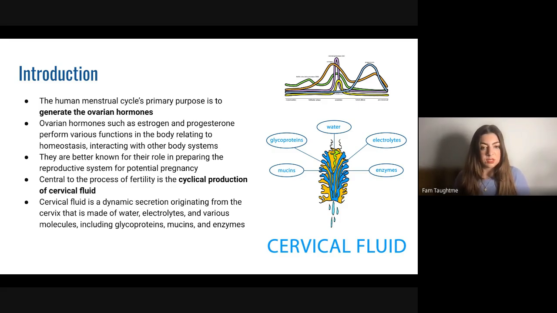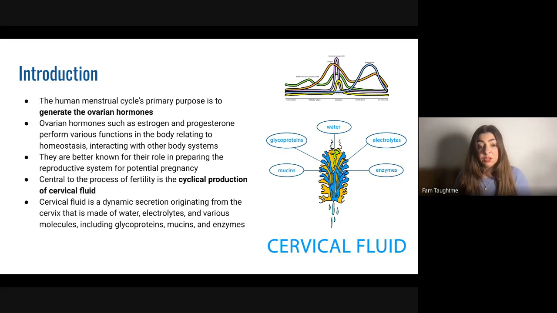And it's a dynamic secretion. It's made out of a bunch of different things, but you can see in the little graphic on the right that it's made up of things like glycoproteins, mucins, water is what most of it is made out of, electrolytes and enzymes. And there's quite a bit of other cells that you'll see inside the slides as well.